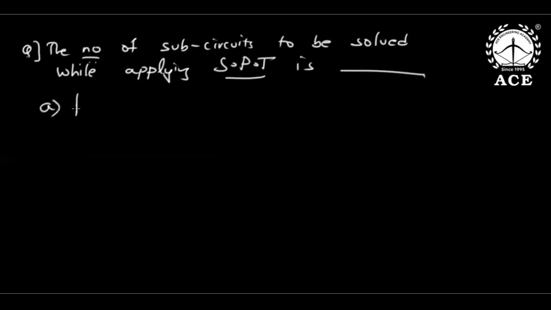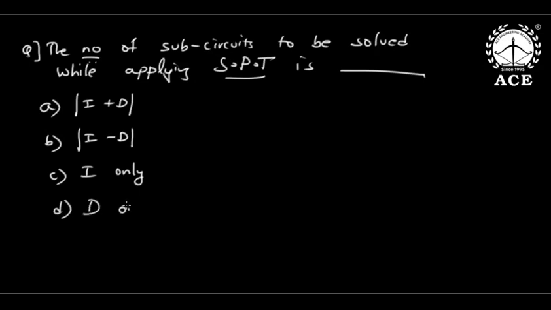Option A, sum of independent plus dependent sources. Option B, difference between independent and dependent sources. Option C, independent sources only. Option D, dependent sources only. The number of subcircuits to be solved while applying the superposition theorem is dash.